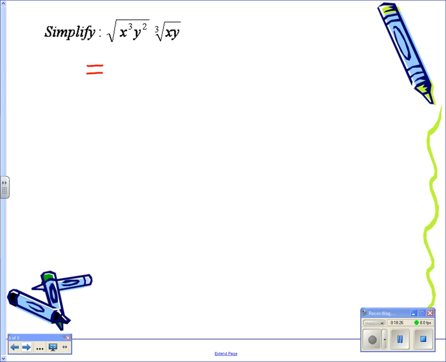So instead of having a radical, we want to make it into where it has some kind of fractional exponent. 3 over what? 3 over 2. And then y over what? Y to the 1. 2 over 2. It reduces to 1. If you leave it as 2 over 2 for now, that's fine. It doesn't really matter. For this one, x to the what?